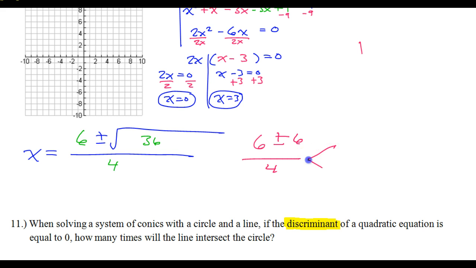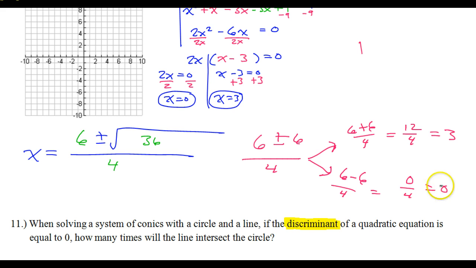And look what would have happened. That would have given me two things: 6 plus 6 over 4 and 6 minus 6 over 4. This is 12 over 4, which is 3. And this is 0 over 4, which is 0. So that would give me two solutions, 3 and 0.